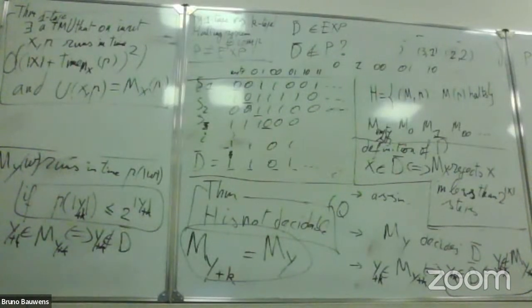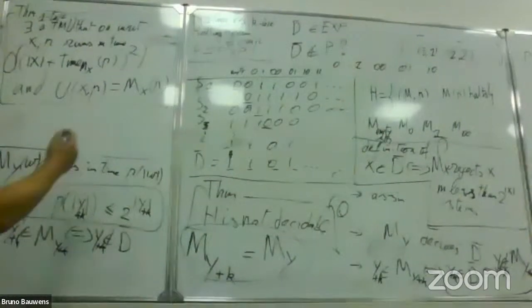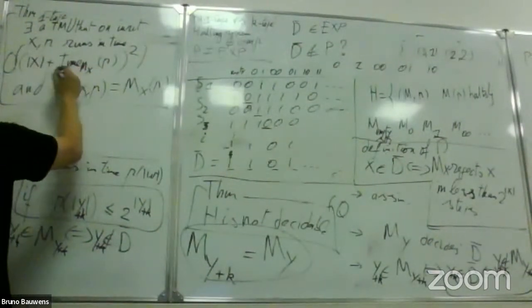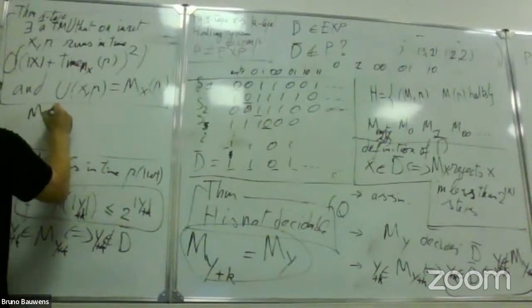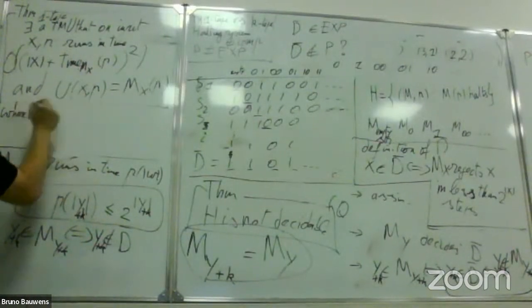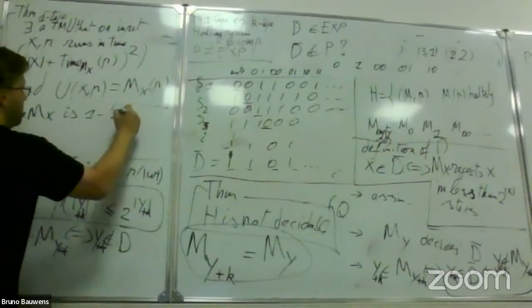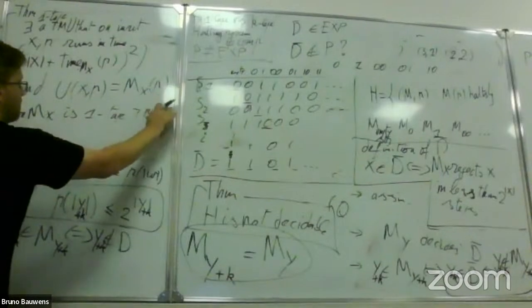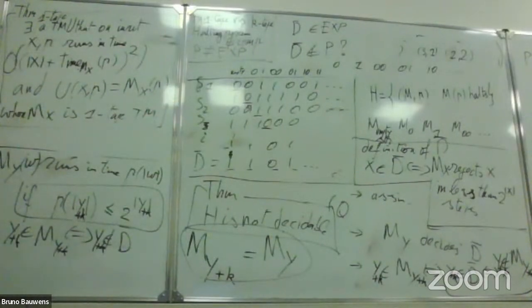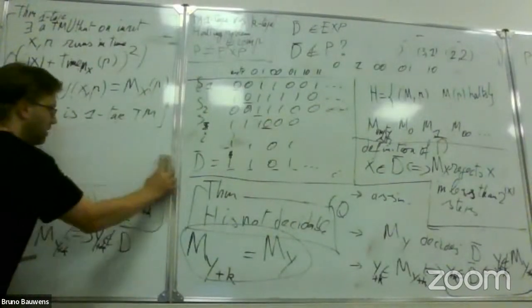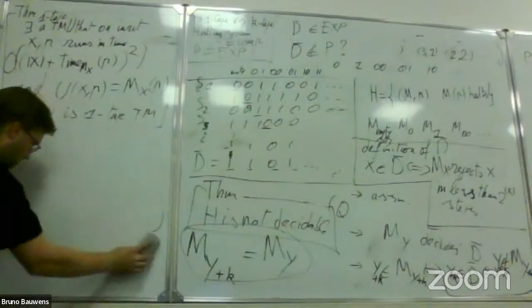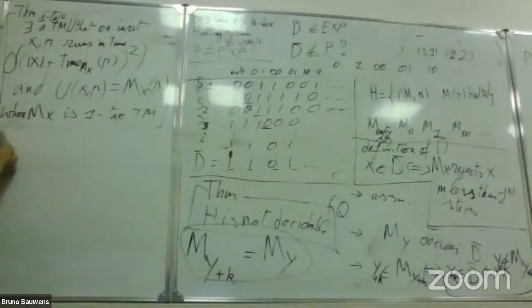Okay, so here I use descriptions of one tape Turing machines. I need to be a bit more precise: M of X is a one tape machine. It doesn't matter actually, because using the same idea we can construct it even if M is a K-tape machine: we construct a K plus 1 tape machine where we have K tapes for memory and 1 tape for the program.